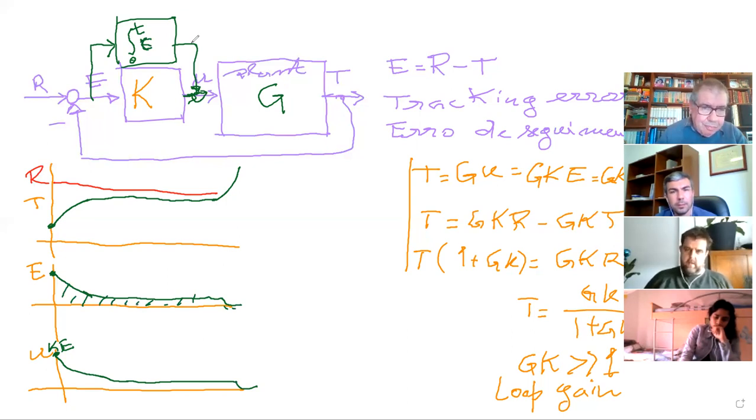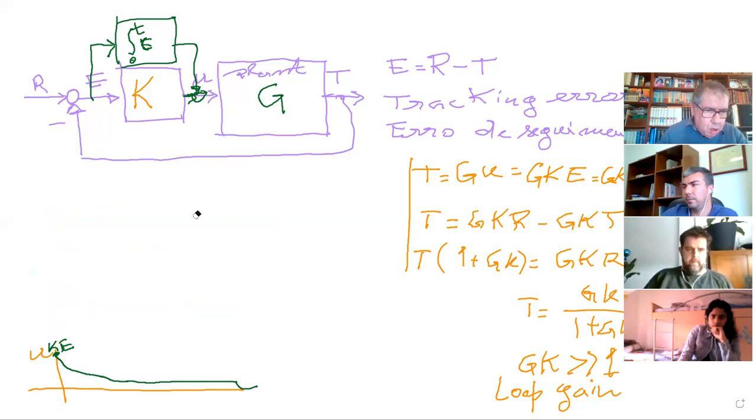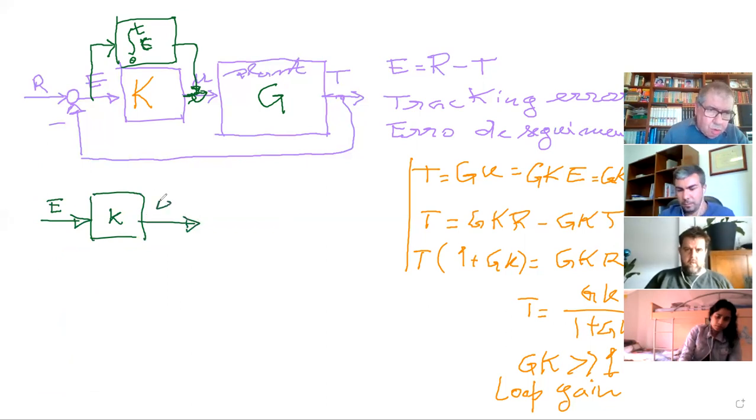What is a gain? Let me clean this stuff. A gain: if you have an input signal, let's say E, and you have a system which is a gain, then you have an output which is Ke, okay?